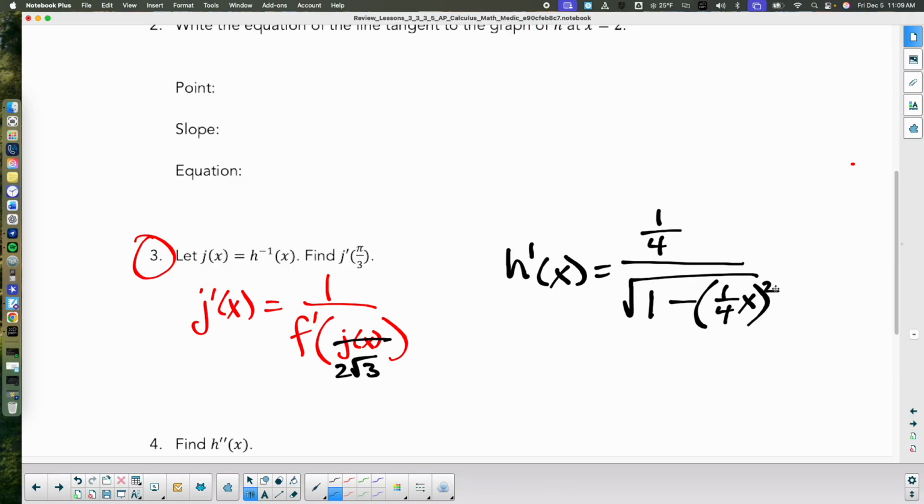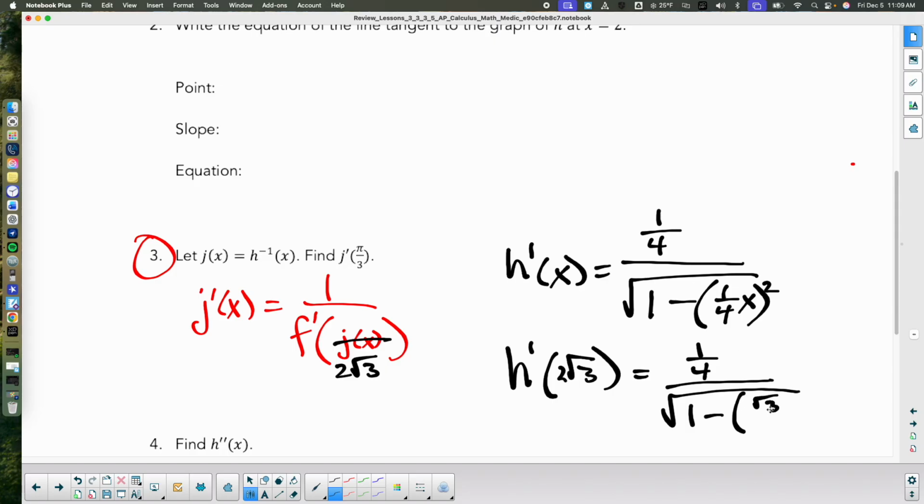I can simplify that and do stuff with it if I want, but I'm not going to because I'm going to be plugging a number in. So 1/4 over square root 1 minus 1/4 times 2 root 3, which is square root of 3 over 2.